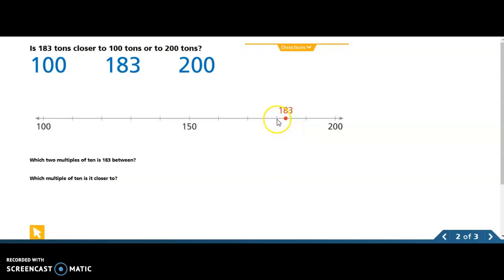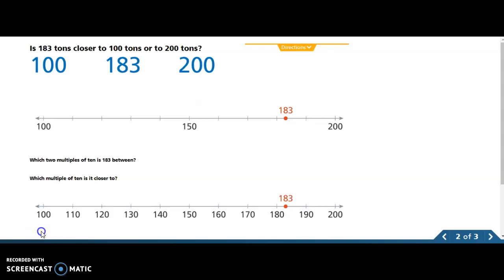That would fall right here on the number line, 180 and 190. So which multiple of 10 is it closer to? If you said 180, that is correct. So 183 rounded to the nearest 10 is 180.